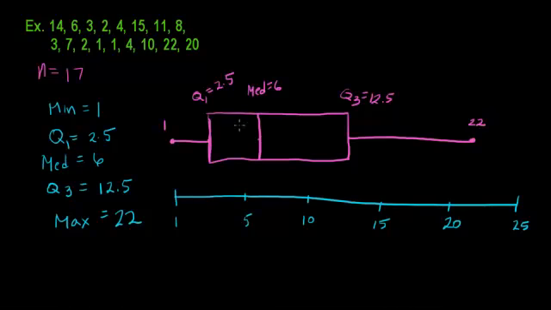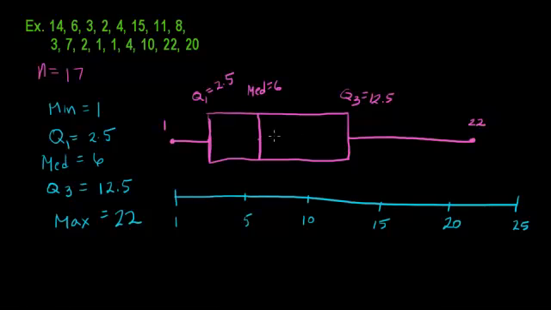So we can see that most of the data is clustered here. If we were thinking back to our skewness, then most of our data is here. We would peak and then we drop off. We have a long right tail there. So this is right skewed data. We can tell by looking at the box plot.